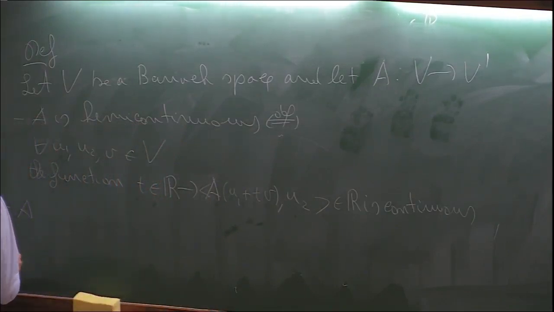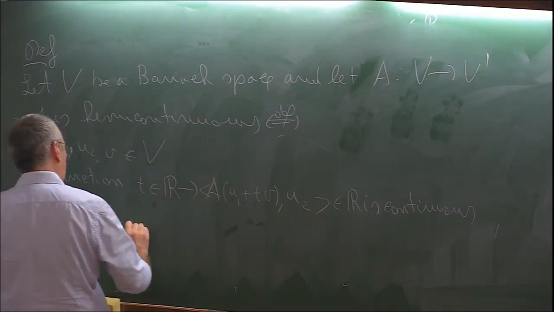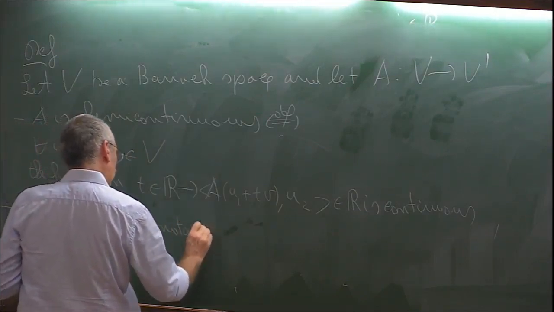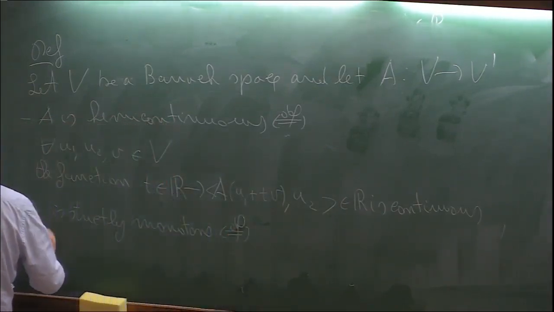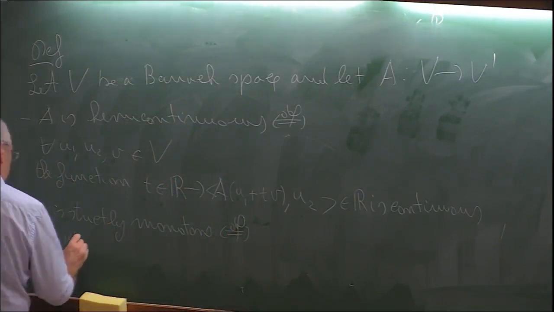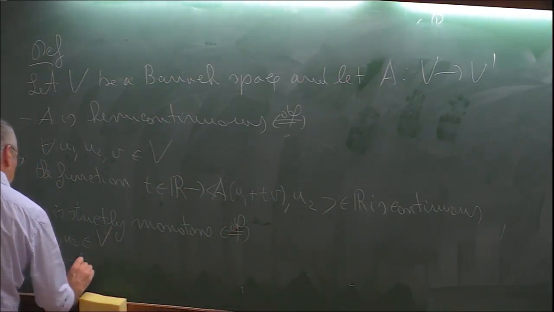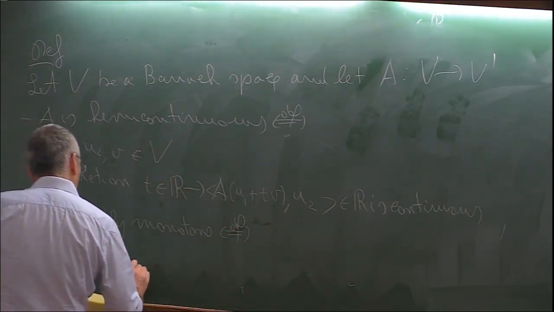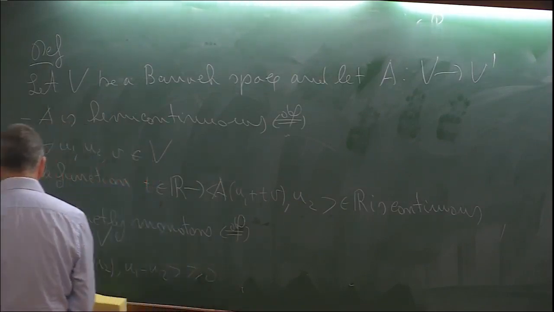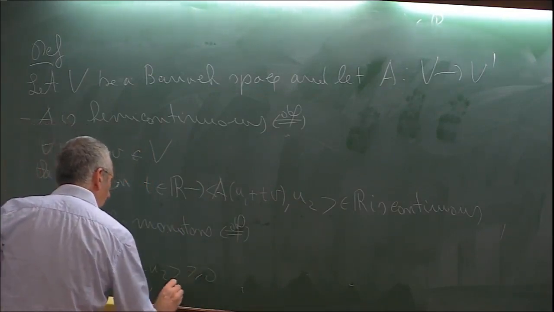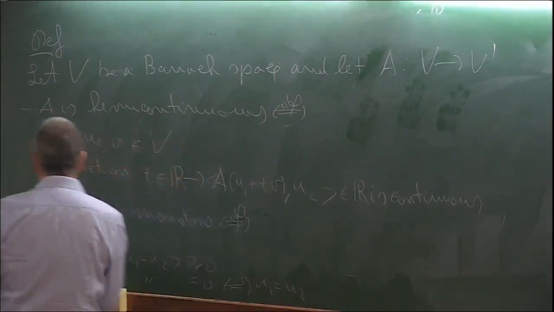We say that A is strictly monotone if and only if for each u1, u2 in V, the pairing of A of u1 minus A of u2 with u1 minus u2 is greater than 0, and equal to 0 if and only if u1 equals u2.